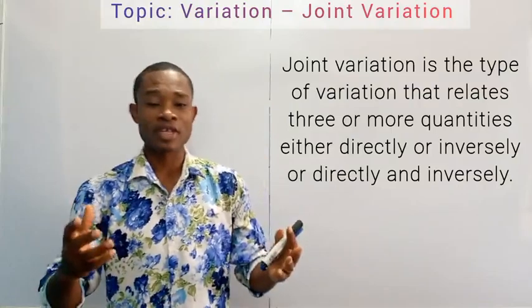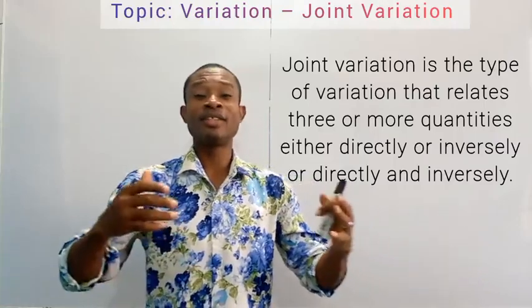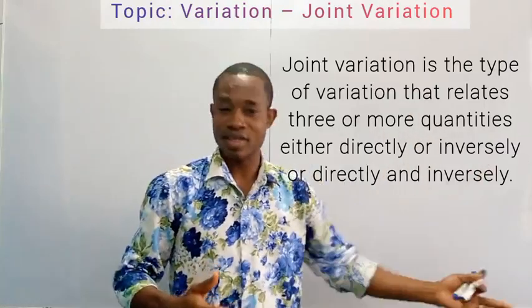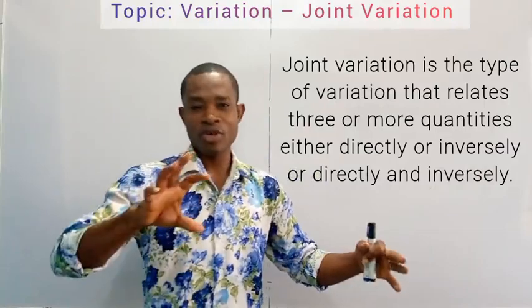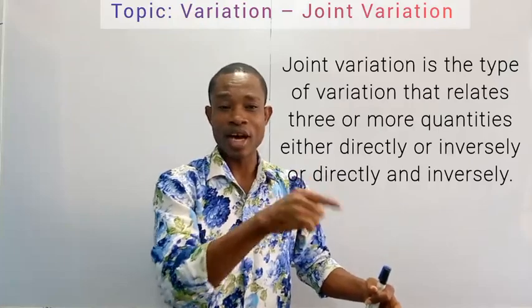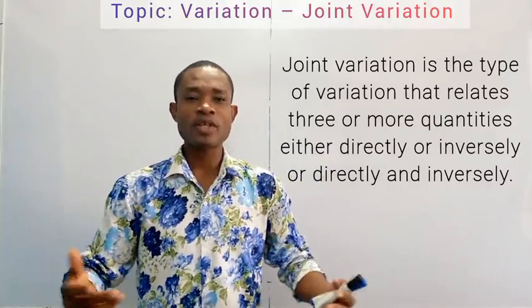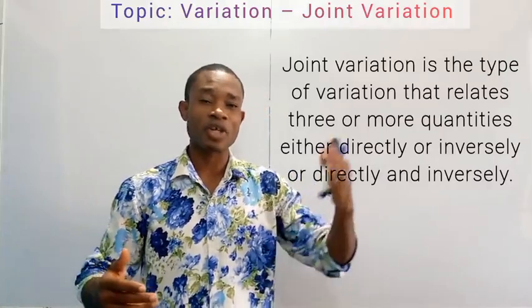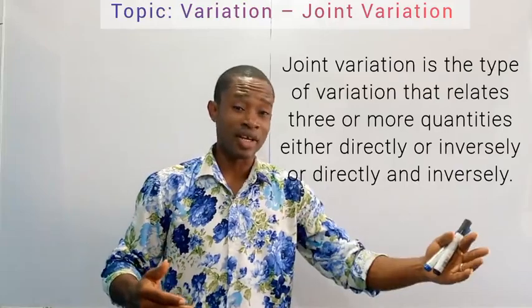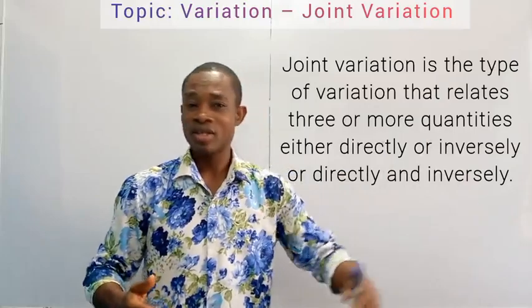So one can think of something like x varies directly as y and varies inversely as z. If you take note of this, x's relationship with y is direct. Then when you relate it to z, it is inverse. It is also possible that x is directly proportional, that is, varies directly as y, and also varies directly as z.